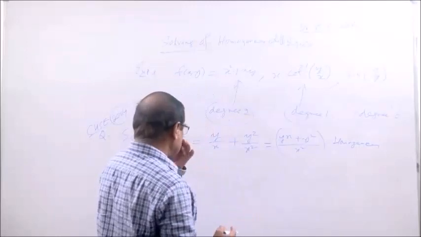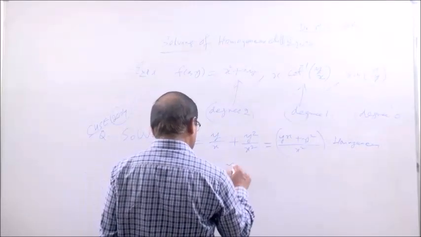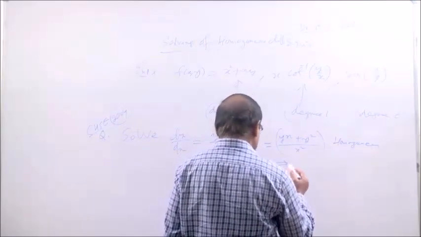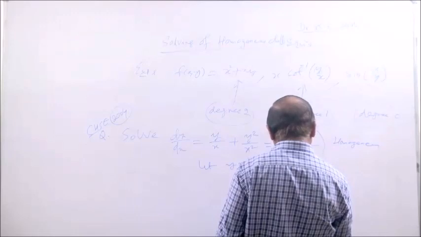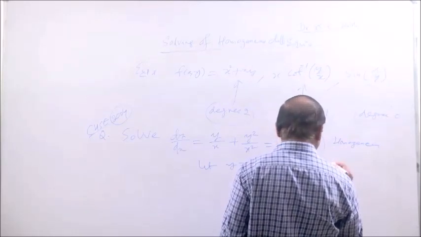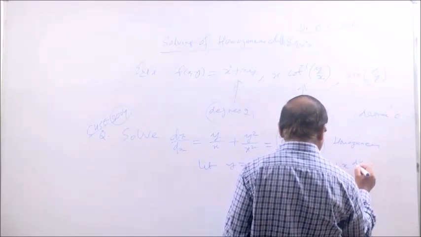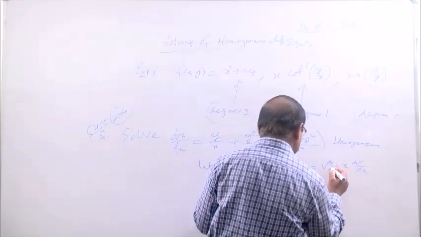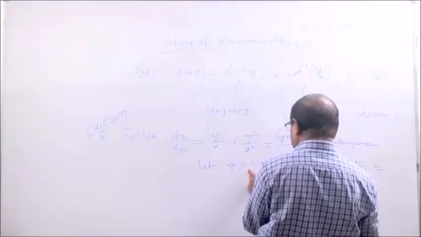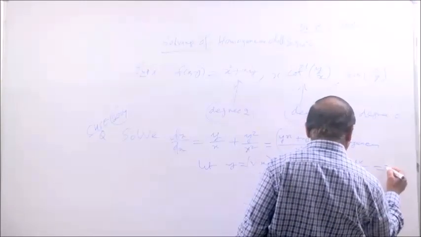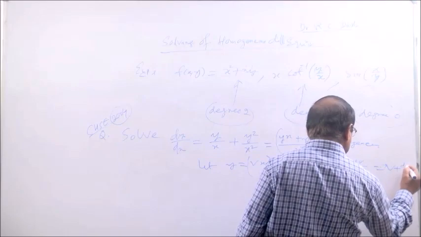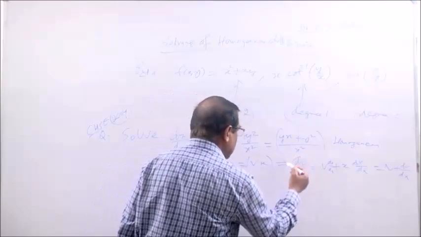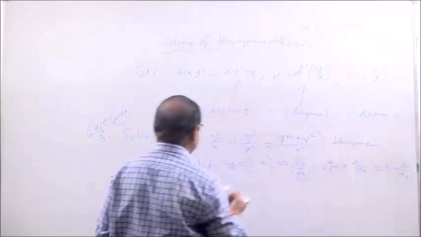So what is the method? Let y is equal to vx. So that implies dy by dx becomes v plus x dv by dx, because I am applying the product rule here. Now you have to replace dy by dx by this term.